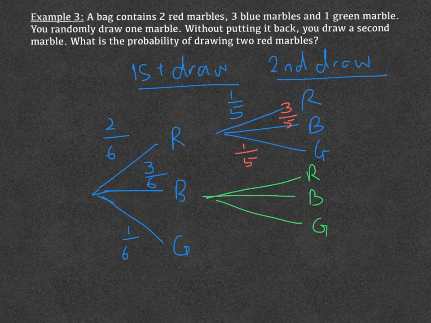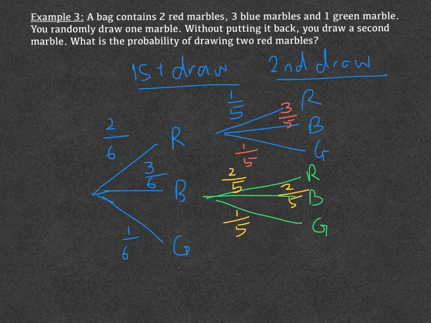So the probability of drawing a red after you draw a blue and not replacing the blue back into the bag will be, so you will have 2 red left, and then you end up with 5, 2/5, and for blue, since you already drew one out, you're left with 2 blue over 5, and for green is still 1 out of 5.